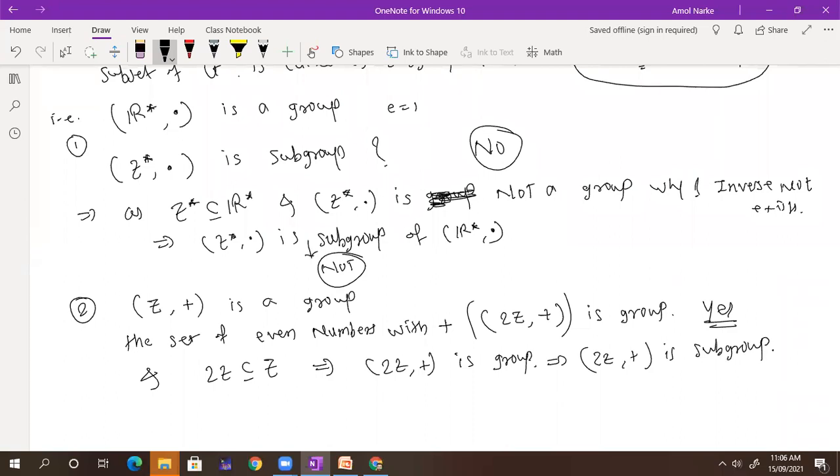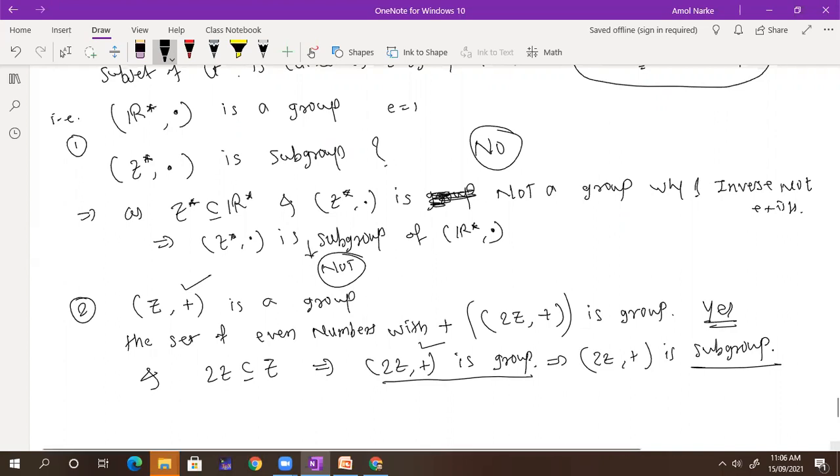Even if we have a subset, but it is not a group, so it is not a subgroup. But here it is a subgroup, because it is itself a group with the same binary operation. Here we have the plus operation, and there also the plus operation. Okay, got it?